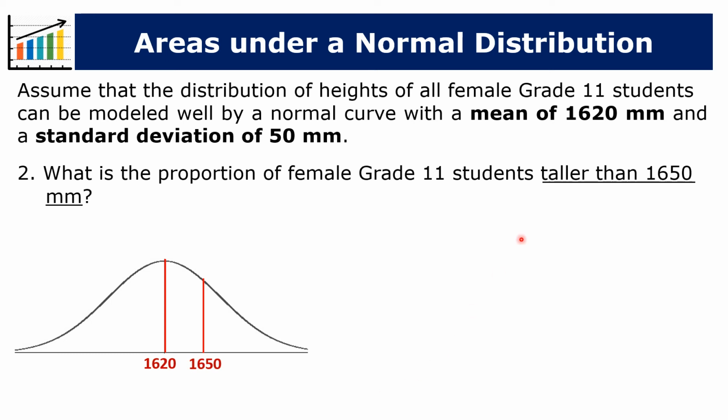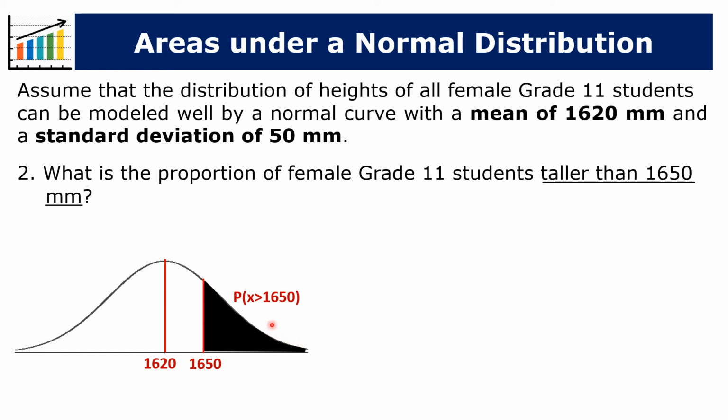Now, since we are looking for the proportion of female grade 11 students taller than 1,650 millimeters, saan yung shaded region? It is the area at the right of 1,650. This shaded region represents the proportion of female grade 11 students taller than 1,650 millimeters.